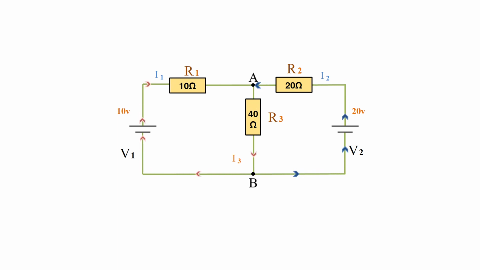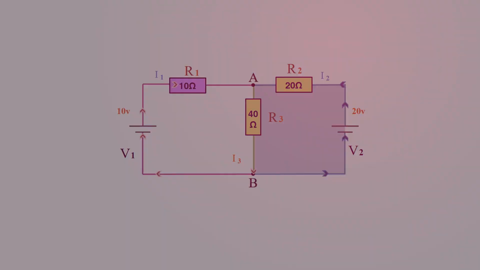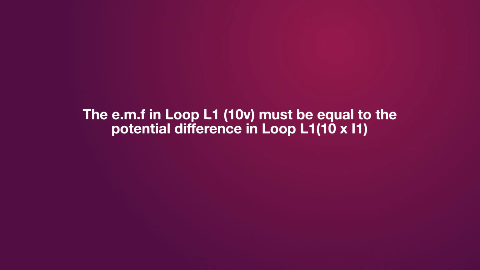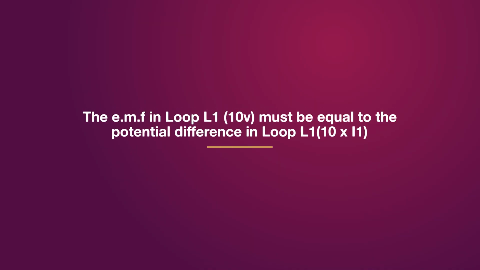We select a closed loop so that we apply Kirchoff's second law. I'll choose loop 1, and I assign this L1 for loop 1. And I'll choose loop 2, and I assign this L2. So for loop 1, applying Kirchoff's second law, the EMF in loop 1 is 10 volts. This must be equal to the potential difference in loop 1.